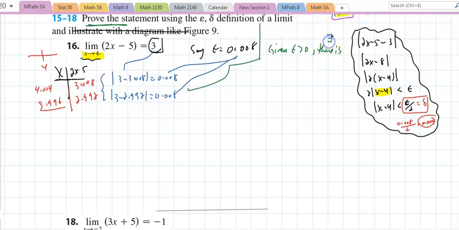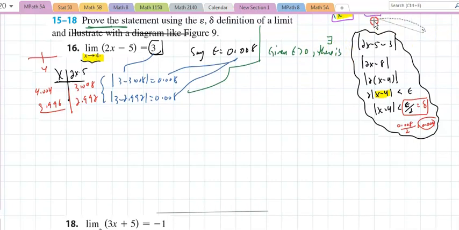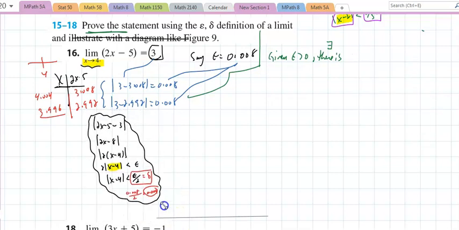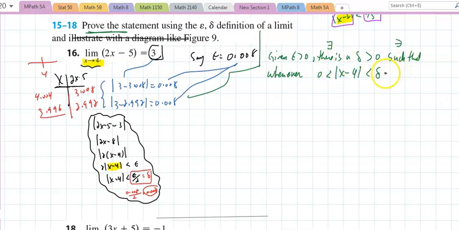You could use this symbol instead. I'm going to move this to the left because I want this to really run down in one shot. There is a delta bigger than 0, such that, instead of such that, you could use the notation such that whenever absolute value of x minus 4 is less than delta, and you're going to set delta equal to a value every time.